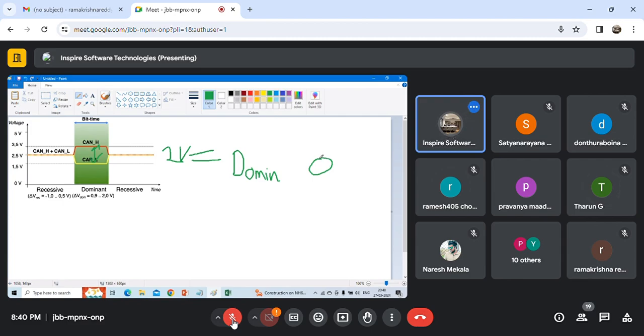To send bit 0, you send 2 volts, or anything between 0.9 and 3.5. This is an interview question. 3.5 volts to 0.9 volts is considered dominant. Recessive is less than 0.5 volts, generally 0 volts, but at maximum up to 0.5 volts.